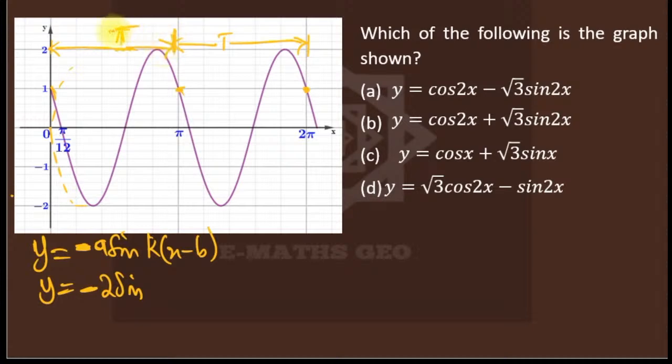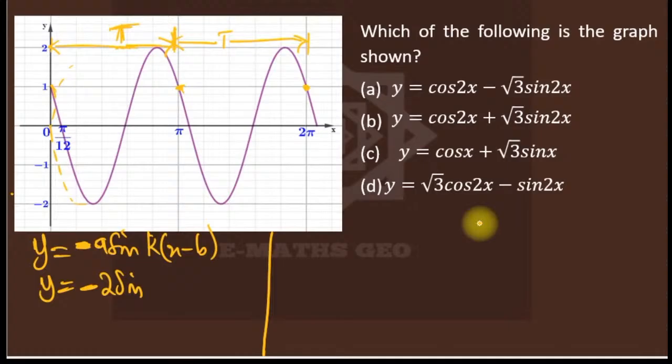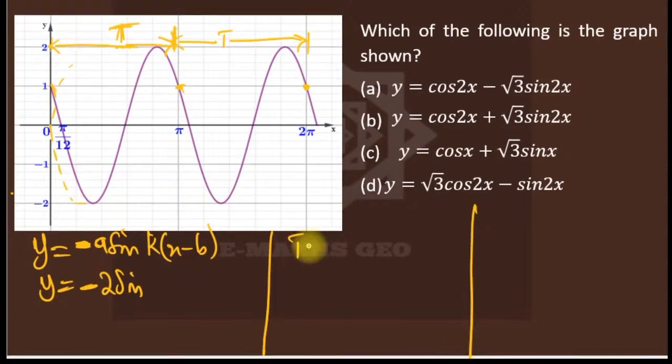And as I've said, period T is always 2π over k. What's the distance from 0 to π? So this is π. Yes, the period here is π.